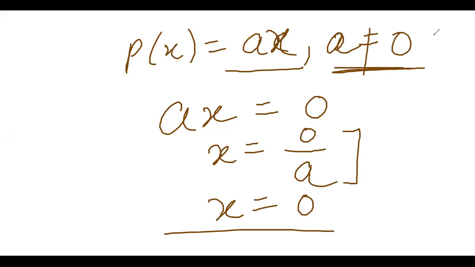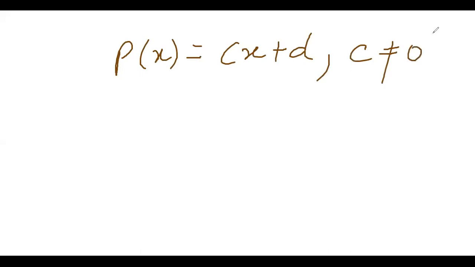Similarly, the next part is given: p(x) is equal to cx plus d, where c is not equal to 0, and c and d are real numbers. To find out the 0 of the polynomial, we will put cx plus d equal to 0.